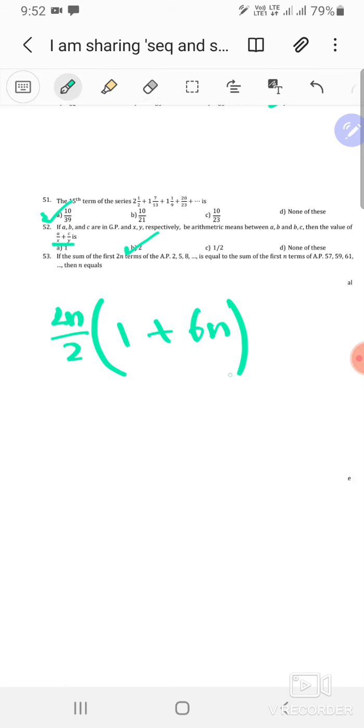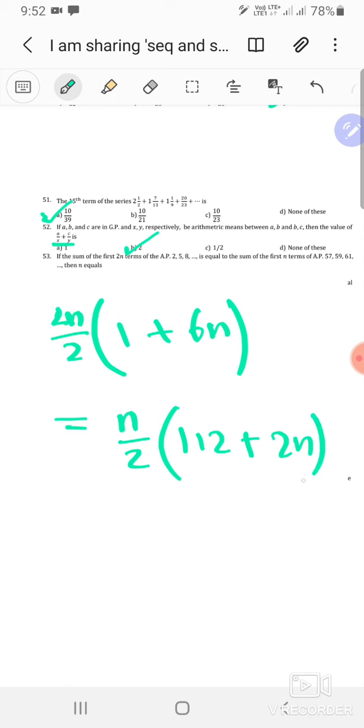So 6n, that has to be equal to n by 2 of the sum of the first n terms of this series. So the first term is 57, so 2 times that has to be 114, minus 2, so 112, plus 2 times n.